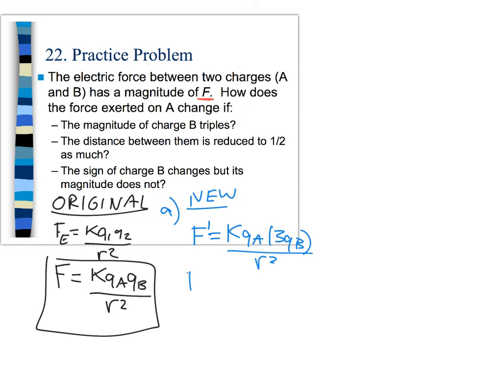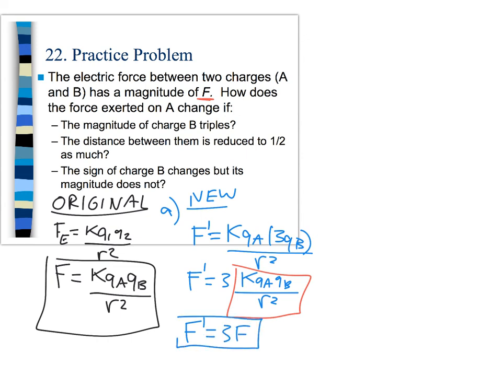I'm going to factor out that 3, so F prime is really just 3 times k QA QB over r squared. That happened to be my original force here, and so I find that for that first one, my new force is just 3 times my original force, which makes sense because Q and F are directly proportional to each other.